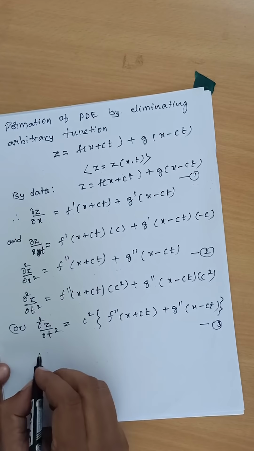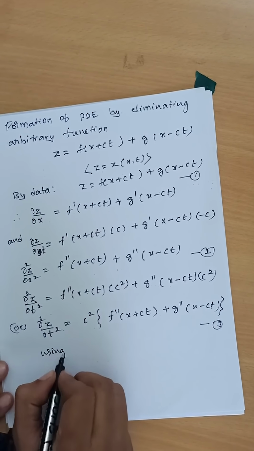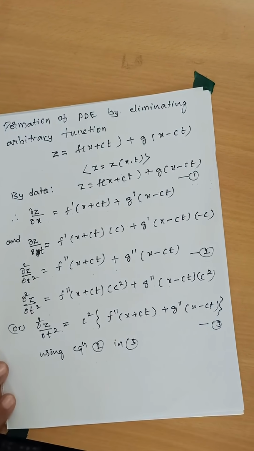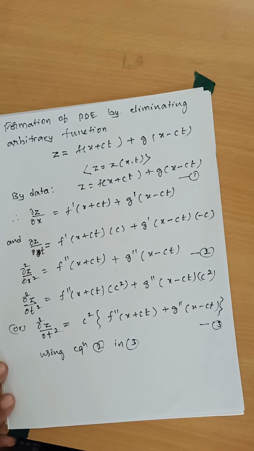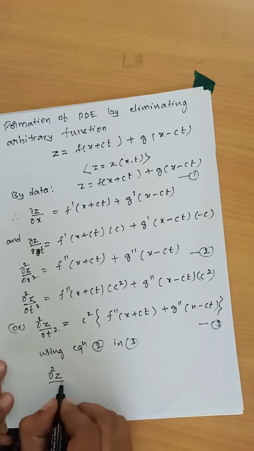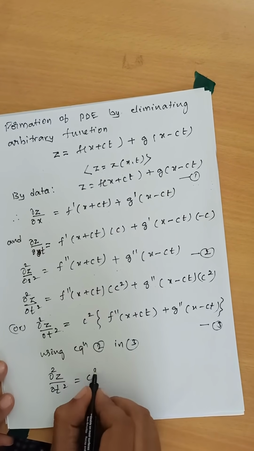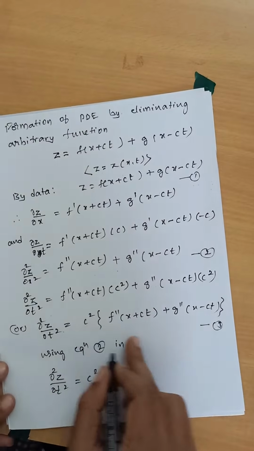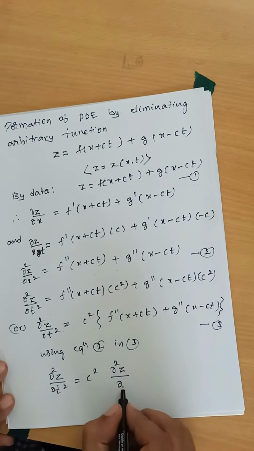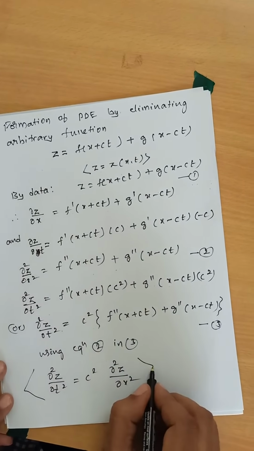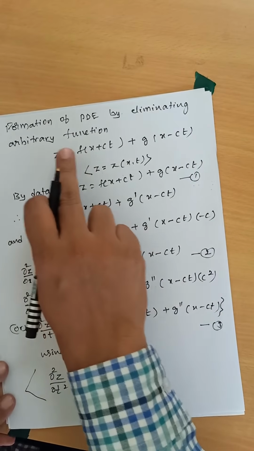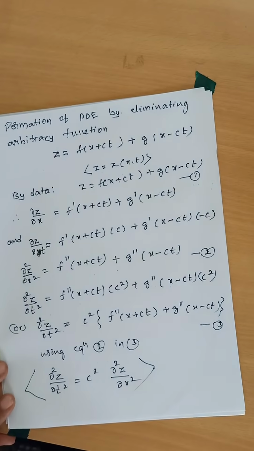Using equation 2 in 3 is the option to eliminate f and g, that is dou square z by dou t square is equal to c square into this term, which is dou square z by dou x square. So this is the required partial differential equation by eliminating the arbitrary functions f and g.